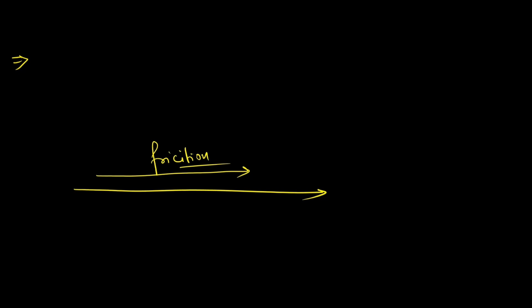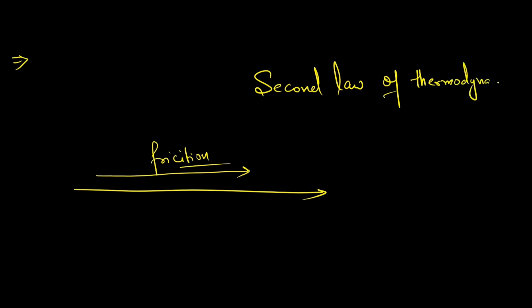To explain all these things, we have the second law of thermodynamics. This is also a unification. The second law says that a process is feasible where entropy is greater than zero.